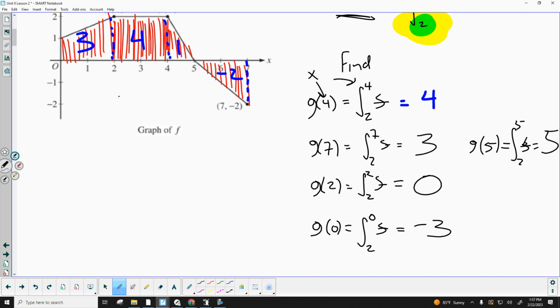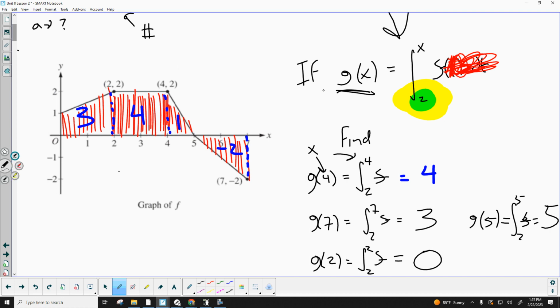Now, ready? I'm going to make the connection with what we've done before. All this 2 provides is a starting point. All that this value provides is a value you know. It's like when I gave you the position at time 2 is 4 in the previous problem.